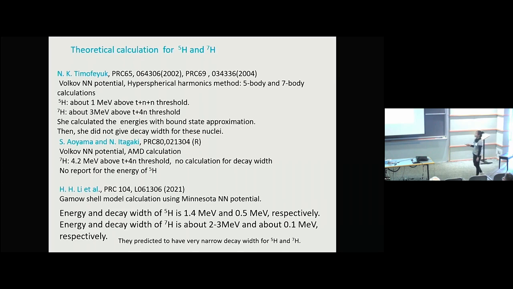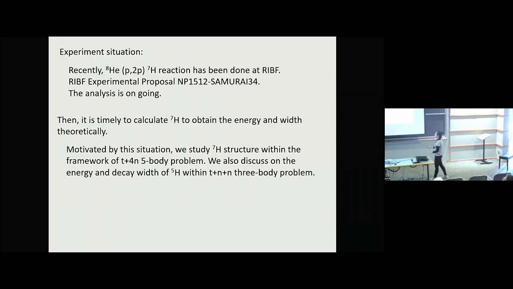They also calculated hydrogen 7, and reported the energy of hydrogen 7 is 2 to 3 MeV with respect to the triton plus 4n breakup threshold, and the gamma is less than 1.1 MeV. So in this way, they predict very narrow decay widths at lower energy for hydrogen 5 and hydrogen 7.